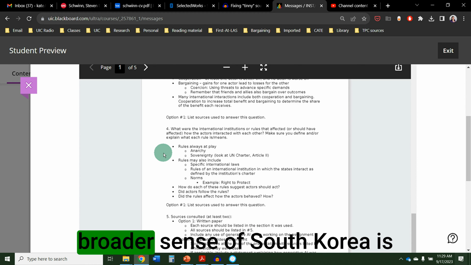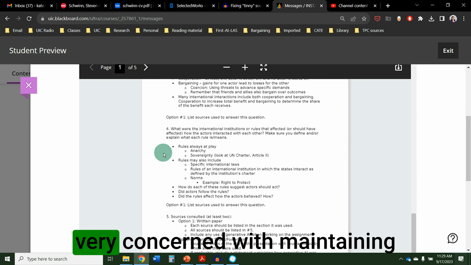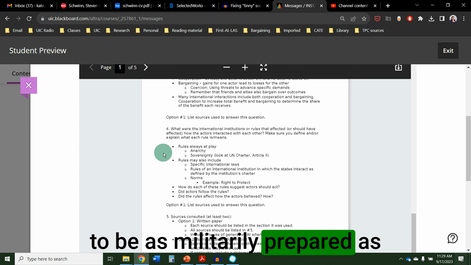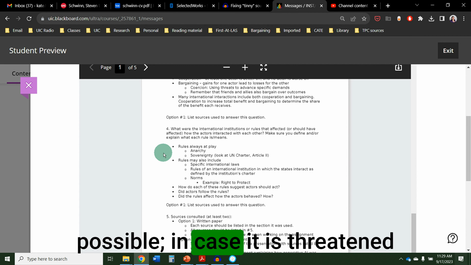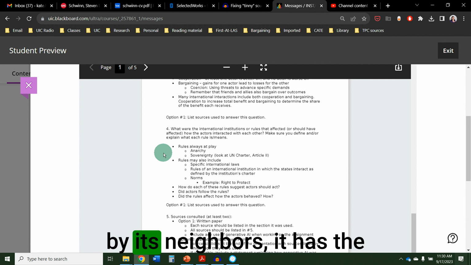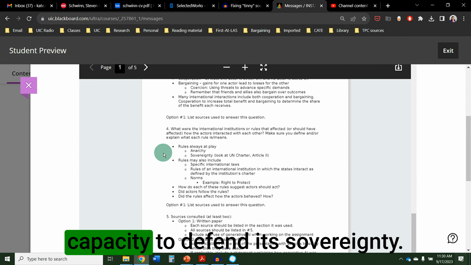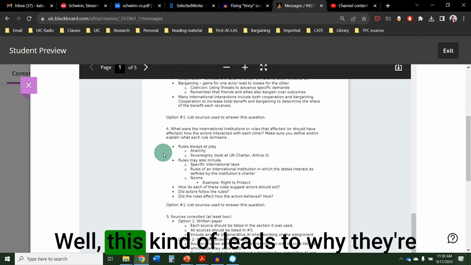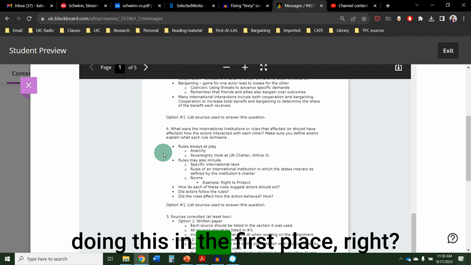You could also look at it in the broader sense of South Korea being very concerned with maintaining its sovereignty, and so it wants to be as militarily prepared as possible, in case it is threatened by its neighbors, so it has the capacity to defend its sovereignty. Anarchy, well, this leads to why they're doing this in the first place, right?